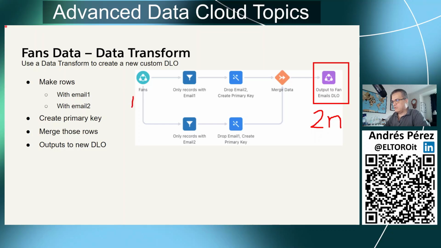If there's n records here, there's going to be 2n here. Now it's going to be less than 2n because not everybody has two emails, but you're basically doubling the size of your records right here. Okay, but that's basically what you need to do if you want to map both emails into DMOs.